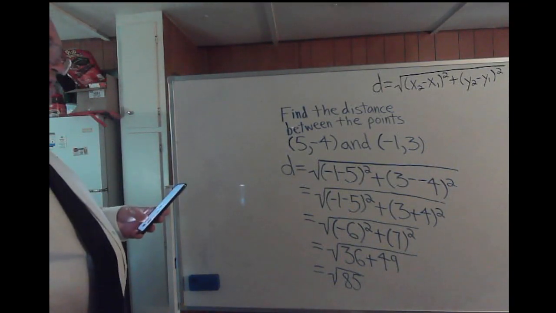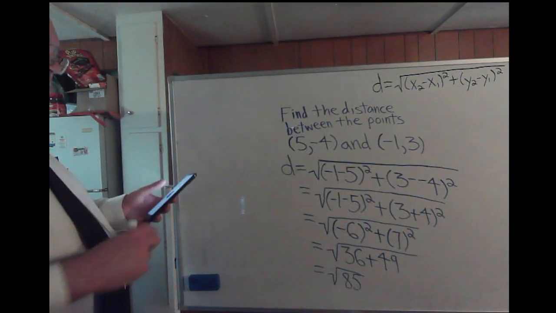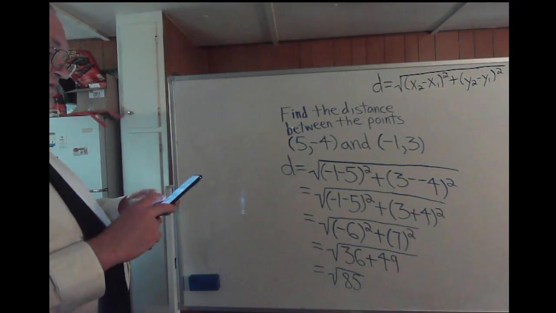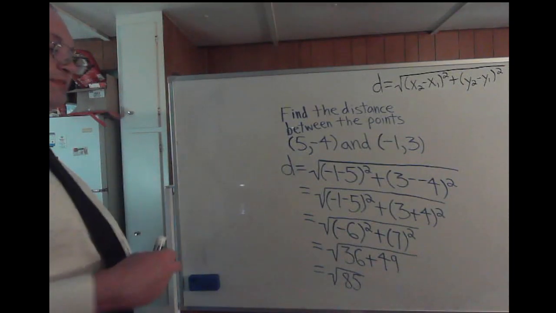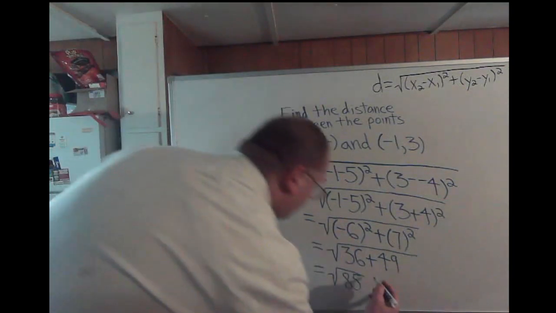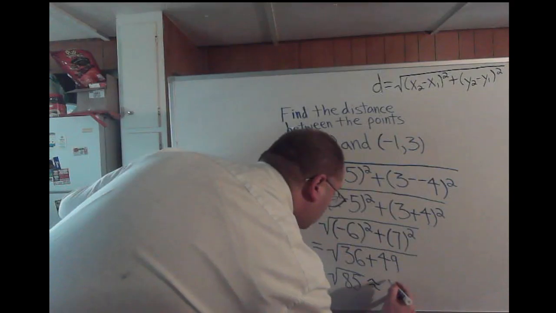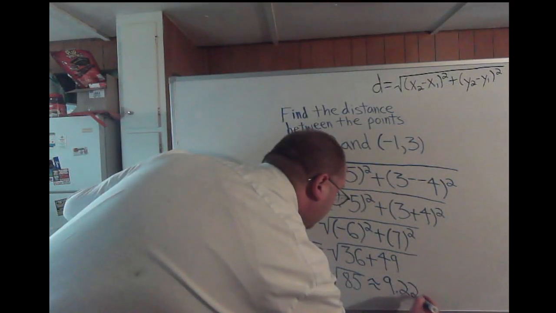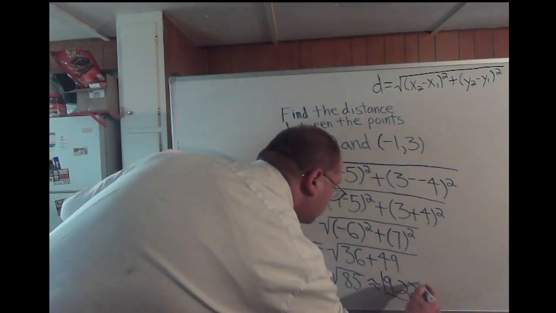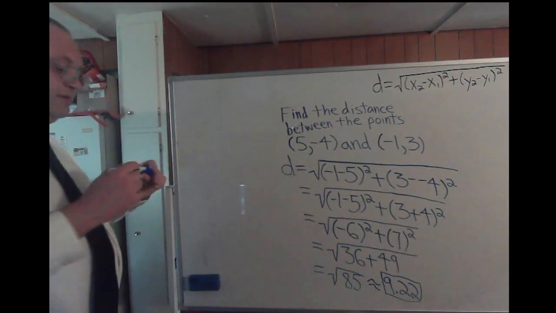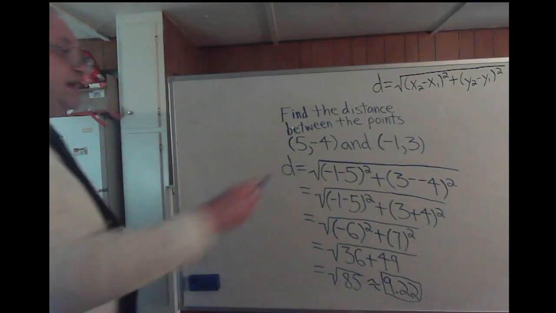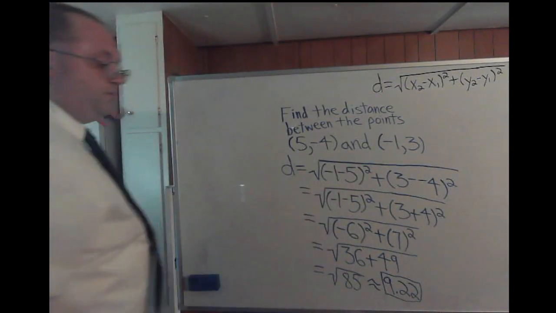But we're going to round to the nearest two decimal places for today's exercises. So the square root of 85 is approximately equal to 9.22. So the distance is approximately 9.22 units. That's what you would get, approximately 9.22 units between the points 5, -4 and -1, 3.